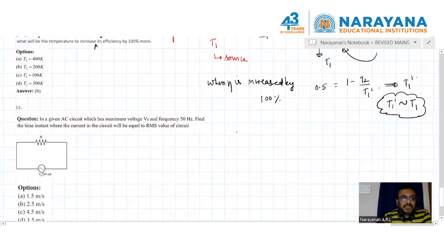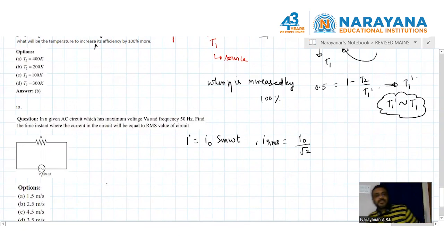It is purely a resistive circuit. I is I naught sin omega t. IRMS is I naught by root 2. Since it is a pure resistive circuit, voltage and current both will be in phase. It is V naught by R.